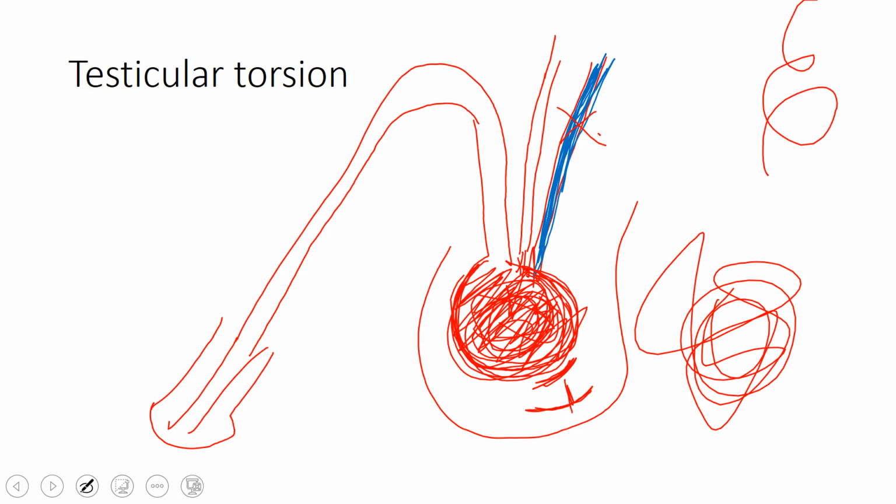But in normal people, these are attached to each other. It doesn't allow the testicles to spin around in there. So that's kind of why it happens, and it presents in adolescence.